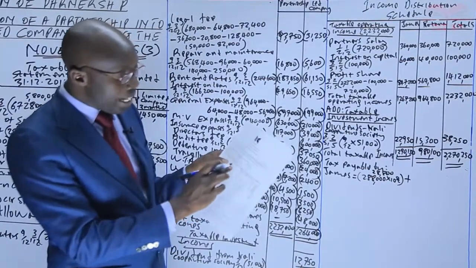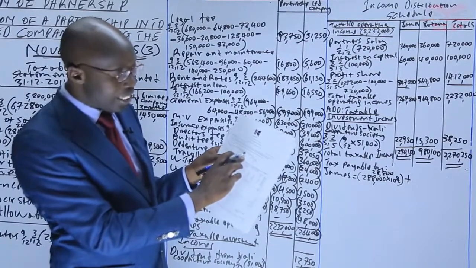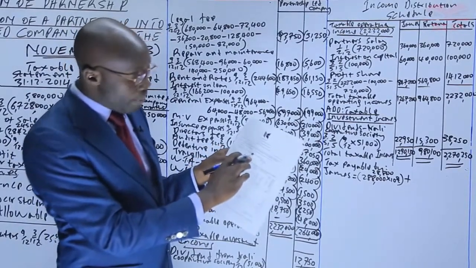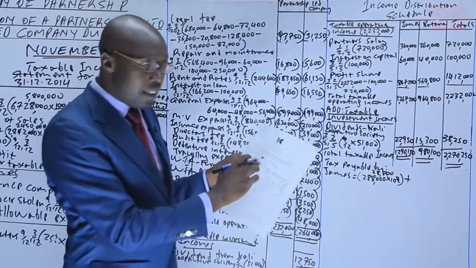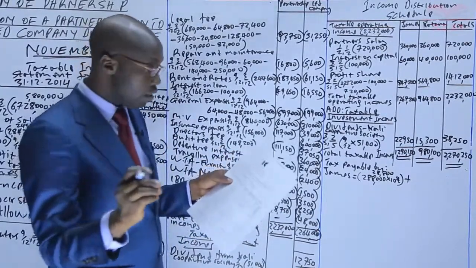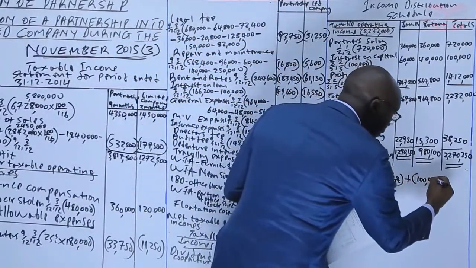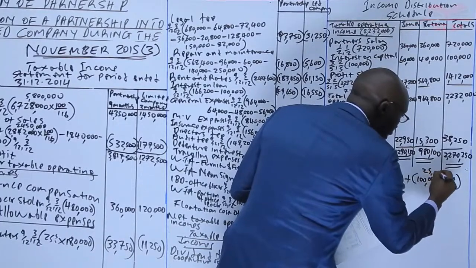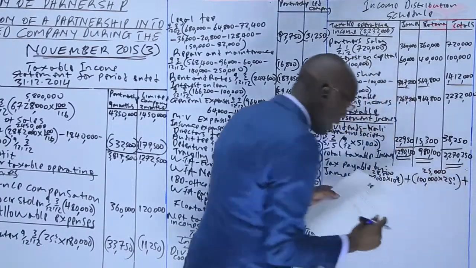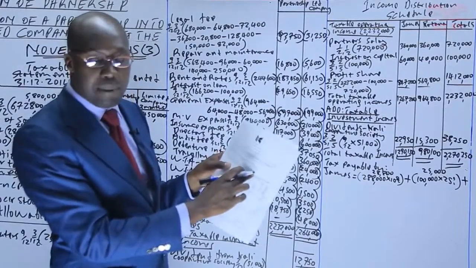For this one, you normally get the difference between the last figure in the rate of 25%, which is 388,000, and you minus the last figure in the previous rate of 10%, 288. The difference is 100,000. So you add 100,000 times 25%. That gives you 25,000.